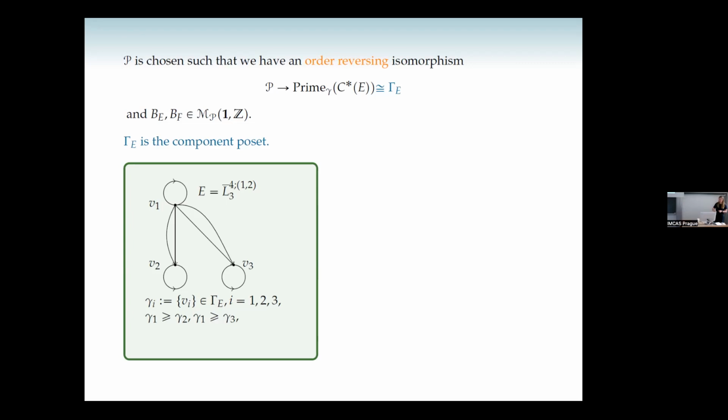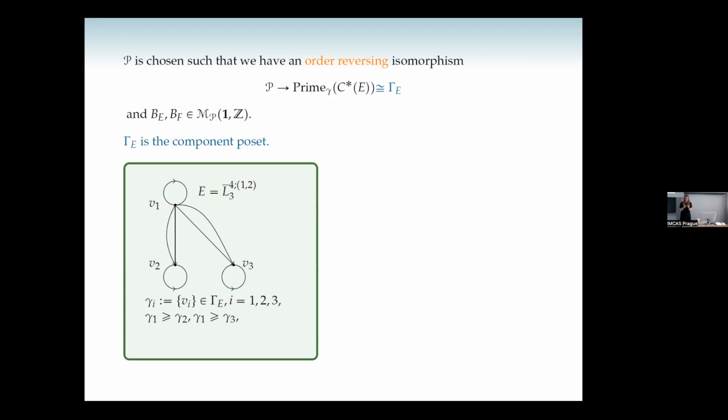Okay, so what is this space? This component poset consists of the maximal connected components of the graph. For quantum link spaces, it's very easy to describe, because a connected component means that if you have two vertices inside that subset of the vertex set, then you can always find a path between them, going in both directions.